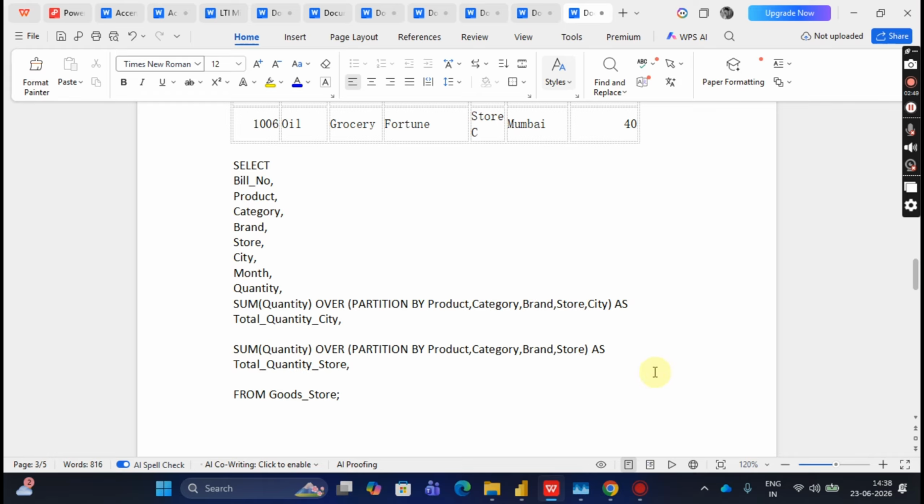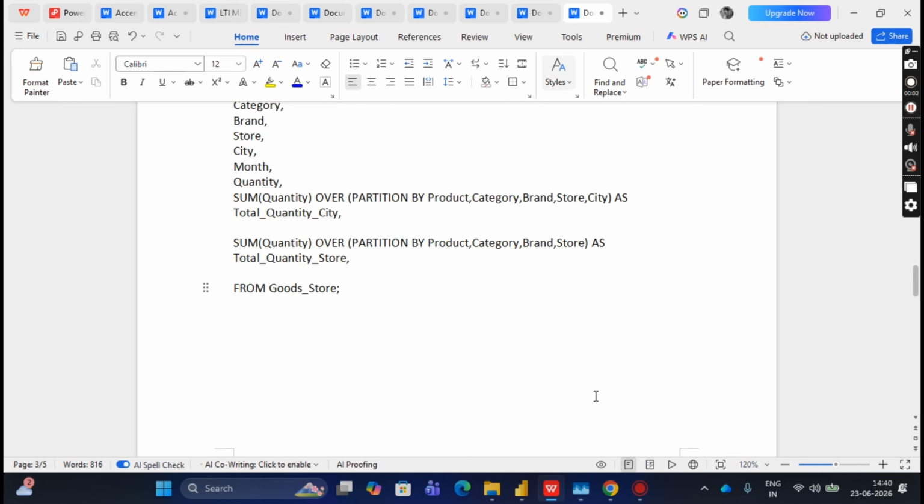Then I am doing another aggregation, which is sum of quantity over partition by product, category, brand, store as total quantity store. So these 4 columns, product, category, brand and store, will give store wise aggregation.